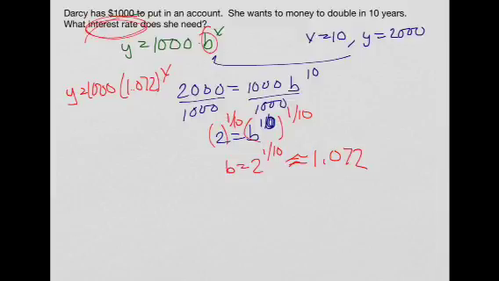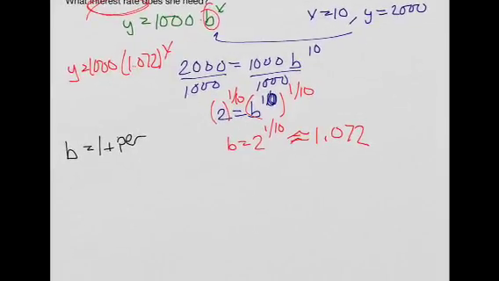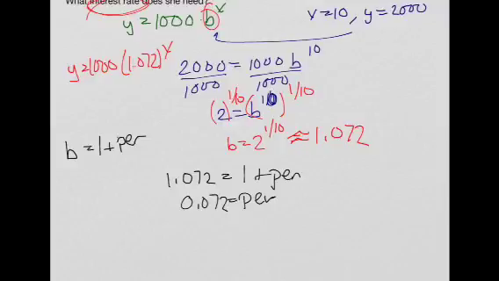So I come back to, this is growth. So your multiplier, your ratio, is going to be 1 plus your percent growth or your interest. So I know 1.072 is going to be 1 plus my percent. So my percent is going to equal 0.072, which gives us 7.2% interest.